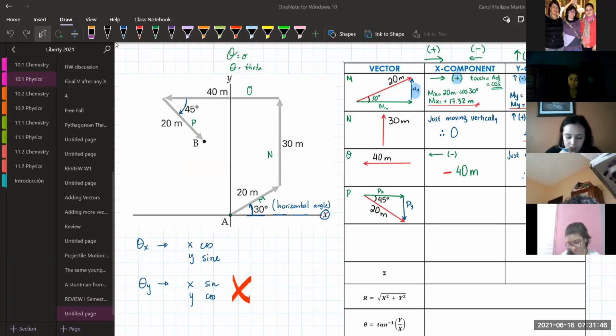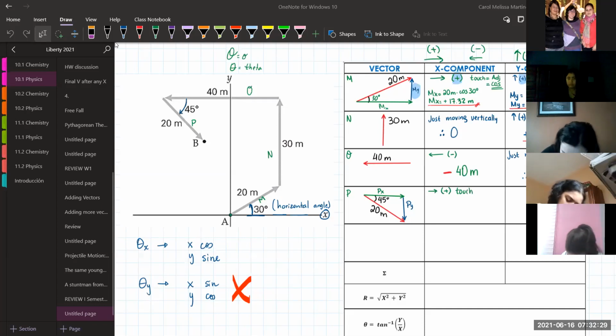Now we move into the last vector. We have P. Px, we already defined that Px is going to the right, therefore will be positive. And Px is touching the angle. My angle here is touching Px.